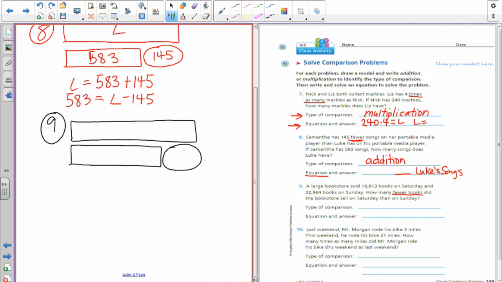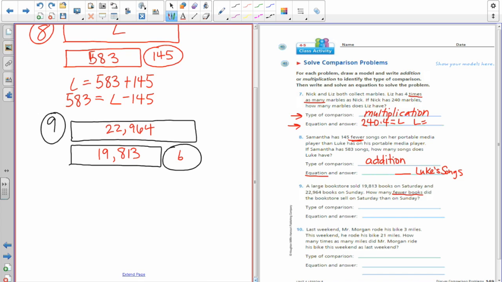I have Sunday with the bigger number, 22,964 books on Sunday. And on Saturday, there was 19,813. What it wants to know is how many fewer books were sold on Saturday.